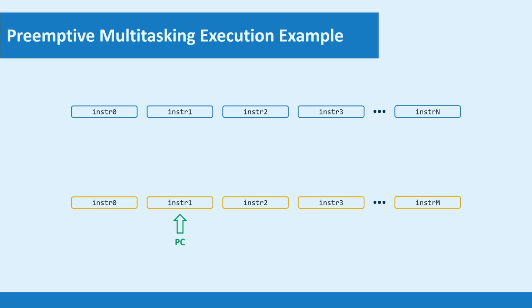So the second task gets executed, and at some later point of time, the operating system will say, alright, now you are paused and I want to schedule another task to run on the CPU, and it will switch back to task number 1.